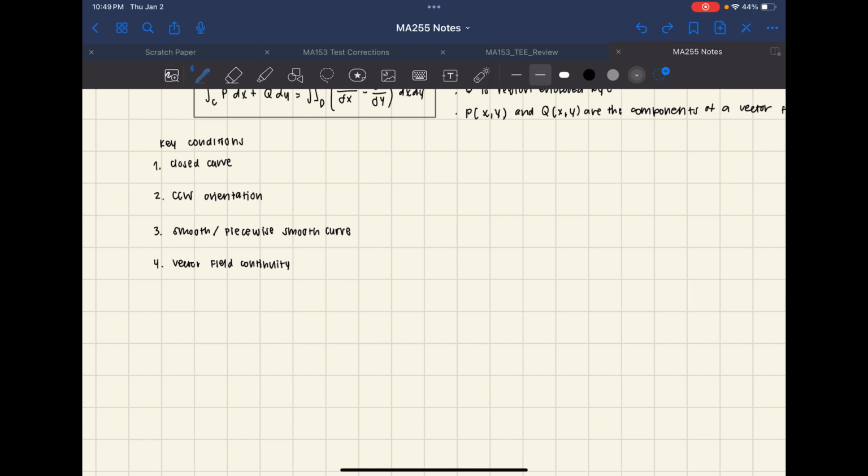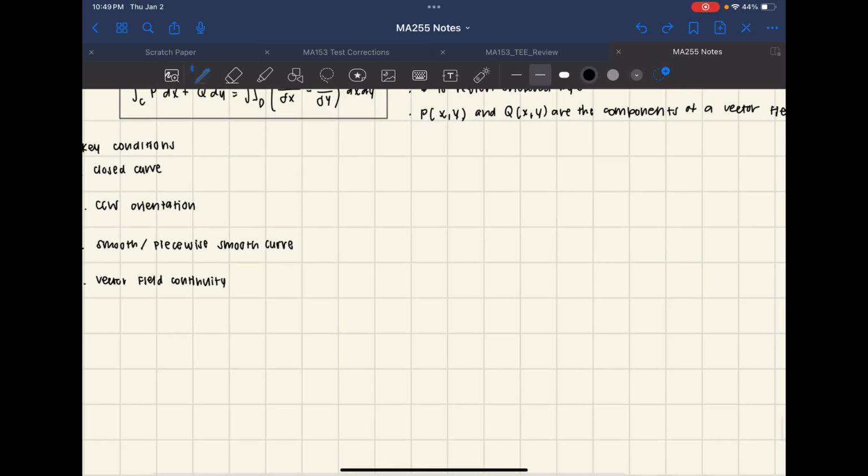A way to think of Green's theorem is as a way to trade a line integral around the boundary of a region for a double integral over the area of the region. So instead of summing the effects of a vector field along the boundary, we calculate how the field itself behaves inside the region.